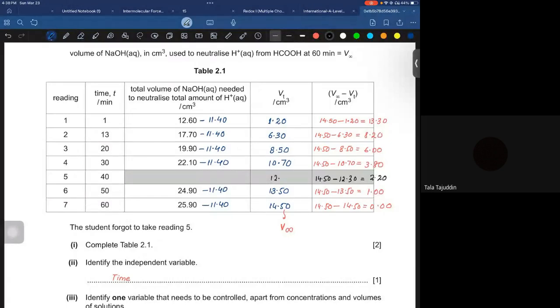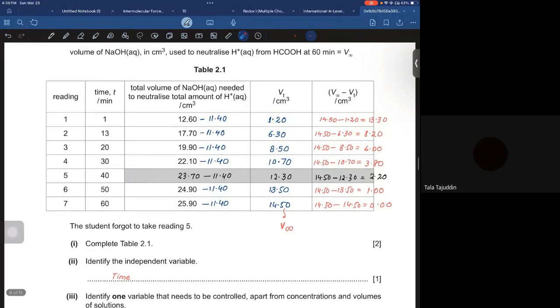Yes, sir. So I can get it from, can you subtract it? Are you getting this value? 12.30, right? Yes, sir.